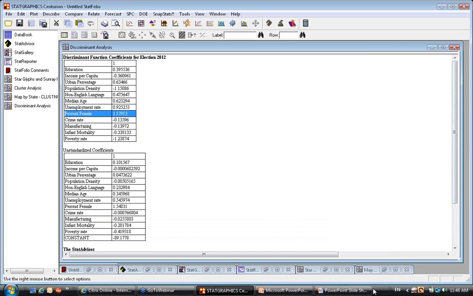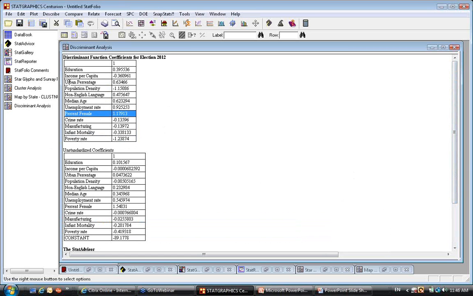Now, I'm not implying a causal relationship. There might be, there might not be. As in every other mathematical statistical model, there could be other factors at play, third factors driving both variables. But it does turn out that the states with the highest percent female ratios typically went for Obama.